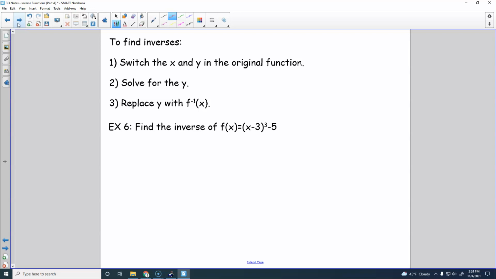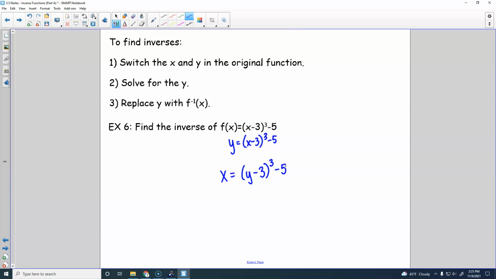We definitely did this fairly extensively, or as extensively as online school would allow, to find inverses. So hopefully you didn't Photomath your way through this section. So that f of x is like our y, and you're going to switch your x and y. So you'll have x equals y minus 3 to the third minus 5.